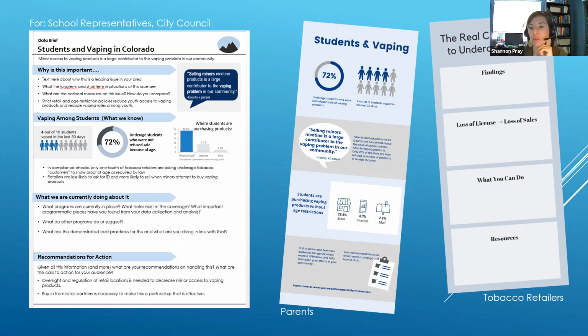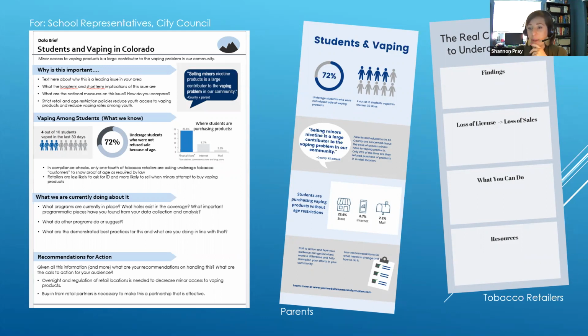Okay, so for this parents one, maybe I'm making a pretty easy infographic that I want to share the information that, again, 4 out of 10 students have vaped in the last 30 days. 72% of underage students were not refused sale of vaping products.